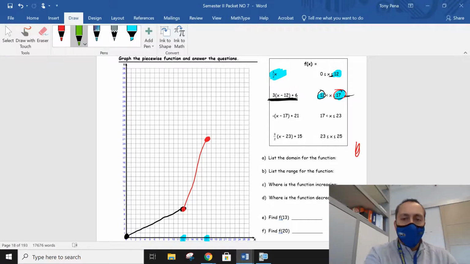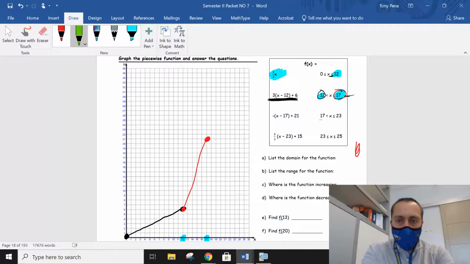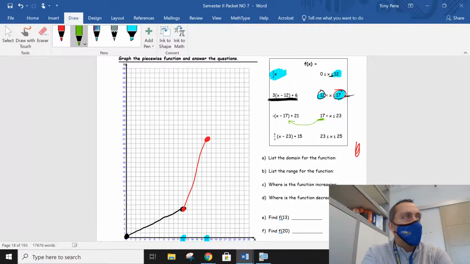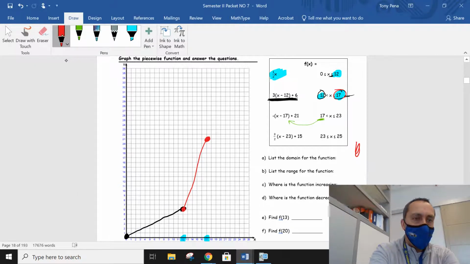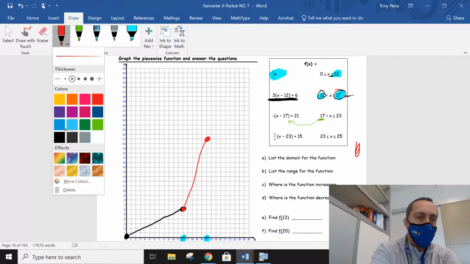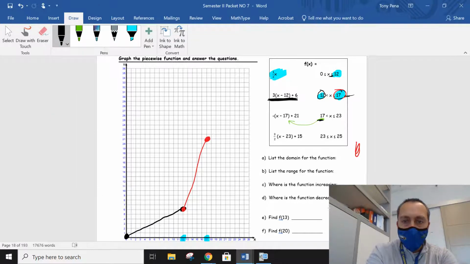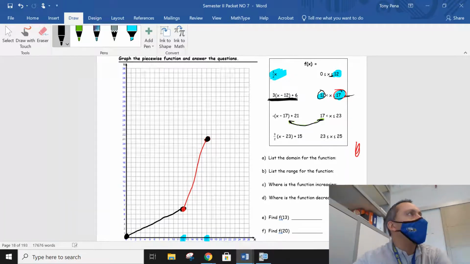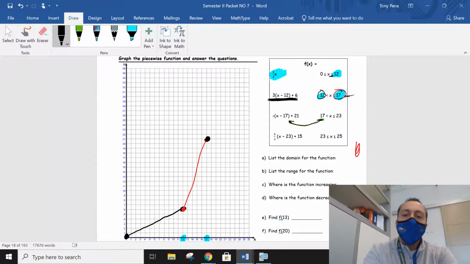And then let's see where we're at. What we want to know is at 17, what do we get in this equation? Can't really see green very good, can you? So let's see, at 17, what does this give you? That should be nice, because if I do 17 minus 17, that would give me a 0. Add your 21. This one starts at the same exact point the previous one finished. Where does it go to?